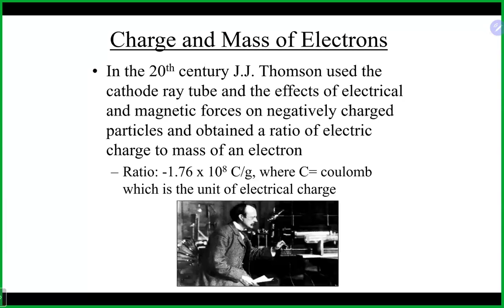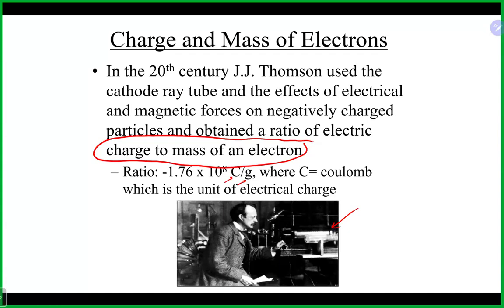What he was able to figure out through his experiments was an important property of an electron: the charge to mass ratio of an electron, which is minus 1.76 times 10 to the 8 coulombs, a unit of electrical charge, per gram. So that is the charge to mass of an electron. You don't have to memorize that number for our purposes here, but you do need to know that he did that. And as you can see, there's his cathode ray tube he's staring at.